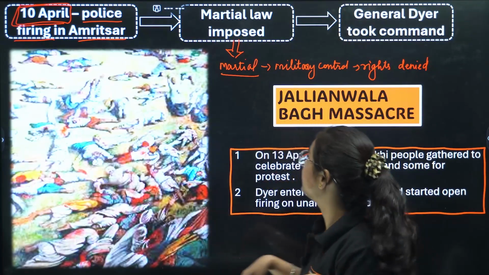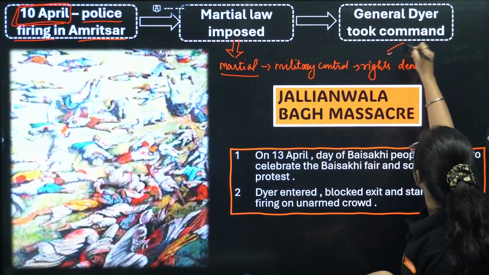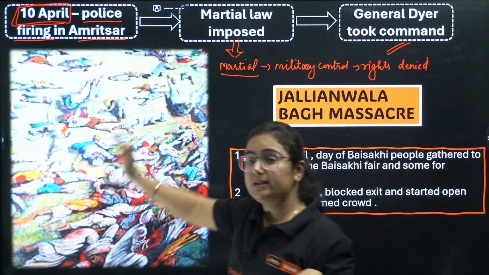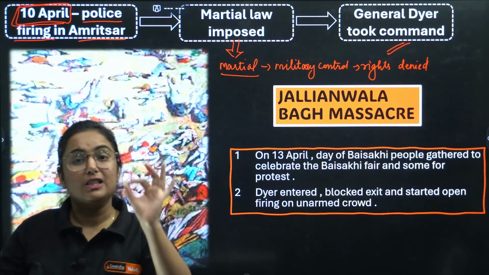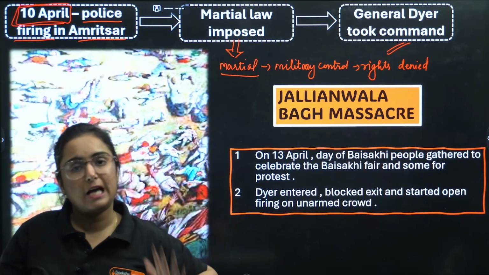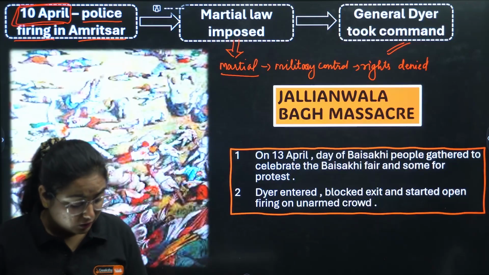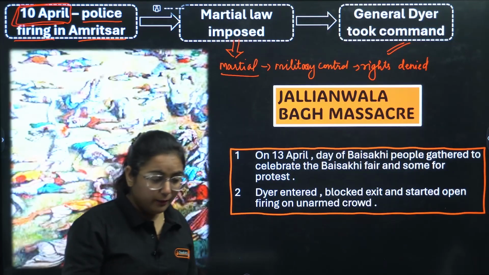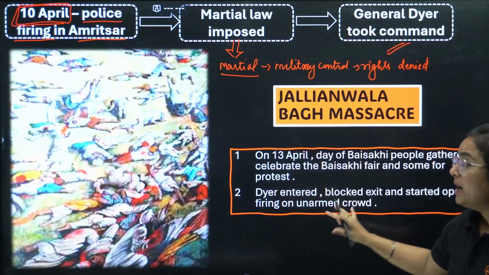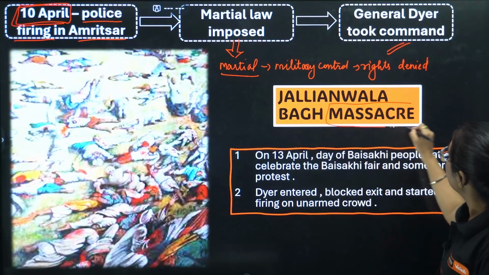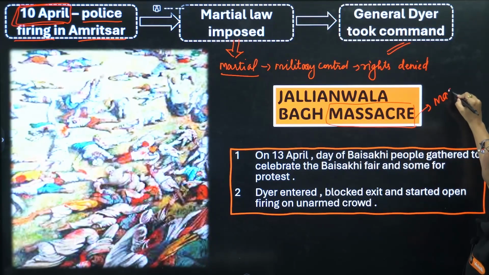And General Dyer took the command. After martial law was imposed, the military commander given the charge of this area was General Dyer. Get my point? Now this event is associated with the Jallianwala Bagh massacre. The word massacre itself means mass killing.